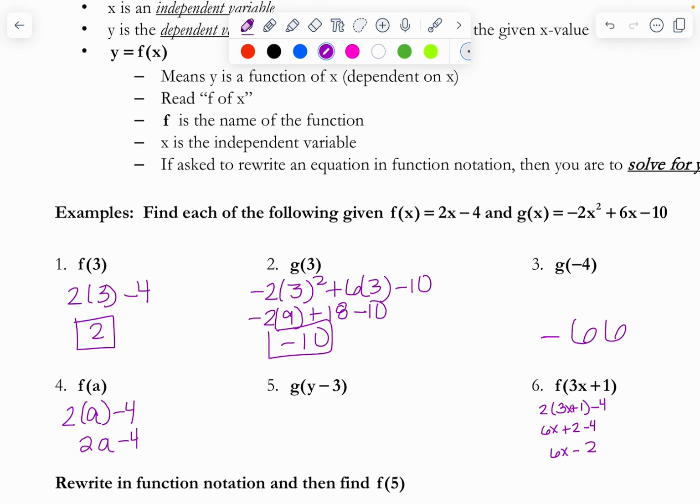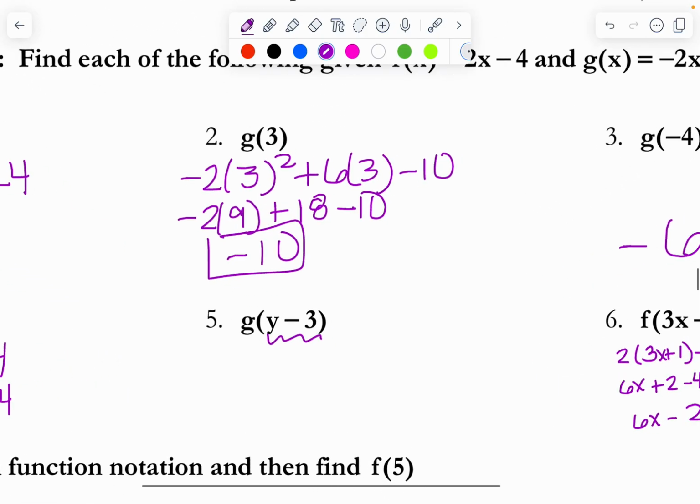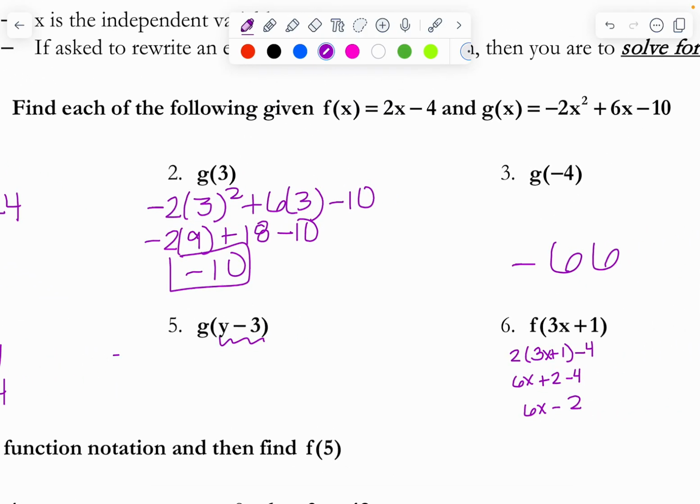Now for number 5, I have g of y minus 3. Now this is a binomial, so this is definitely going to be a little bit more algebra. So I have negative 2 times y minus 3 squared, because remember, I'm plugging in right here, plus 6 times y minus 3 minus 10.